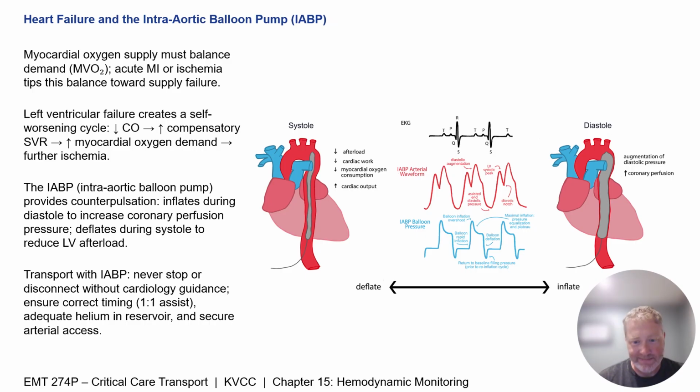The balloon pump though, that provides kind of a counter pulse. So it inflates during diastole to increase coronary perfusion pressure. It deflates during systole to reduce left ventricular afterload.